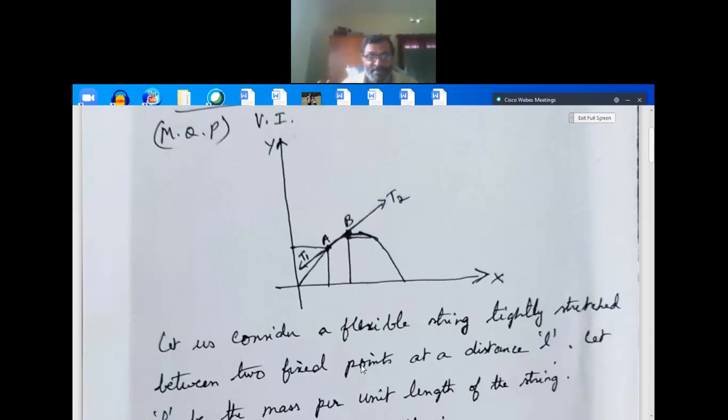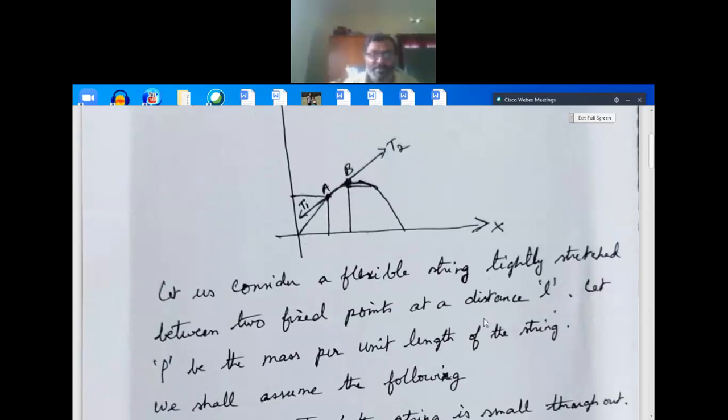So that is the condition you have to think of. The distance in between is taken as L. Let rho be the density, that is, the mass per unit length of the string.